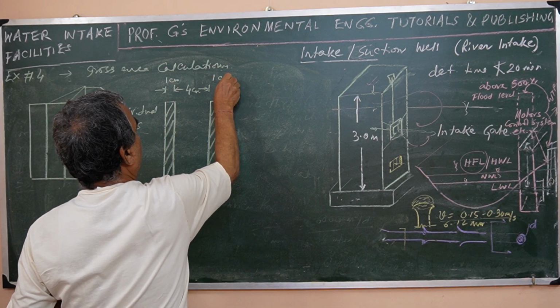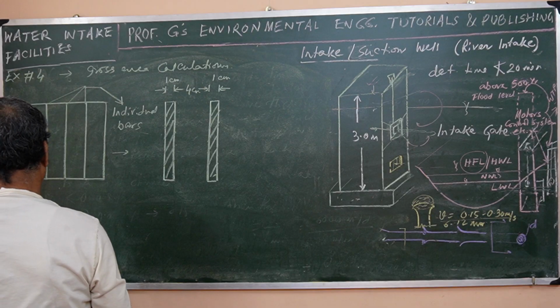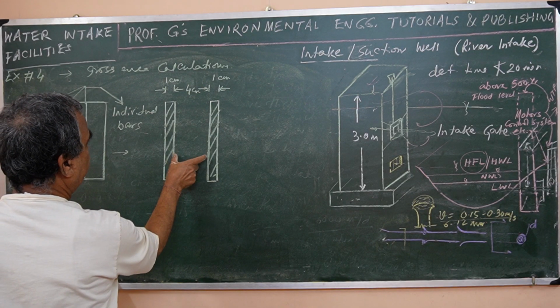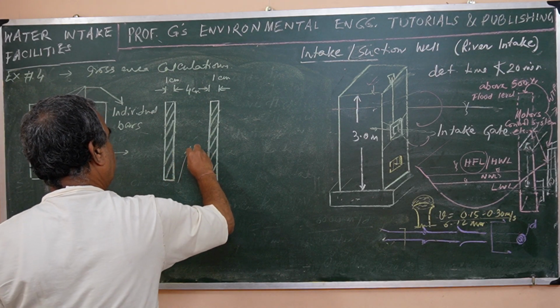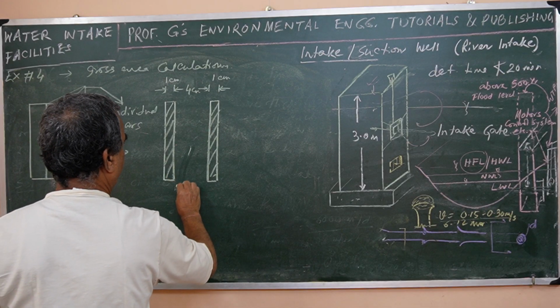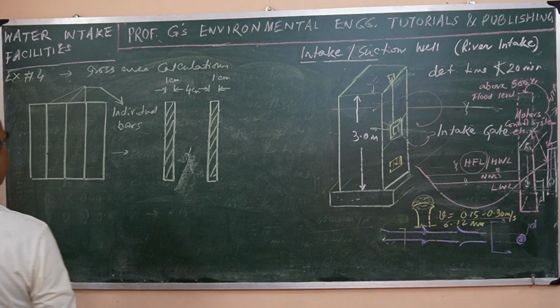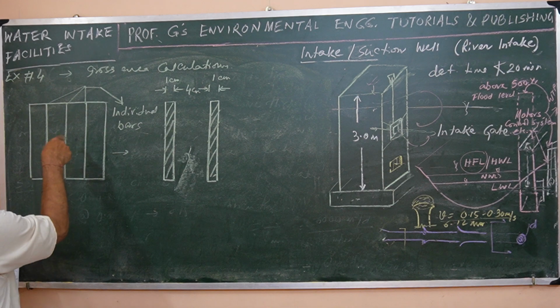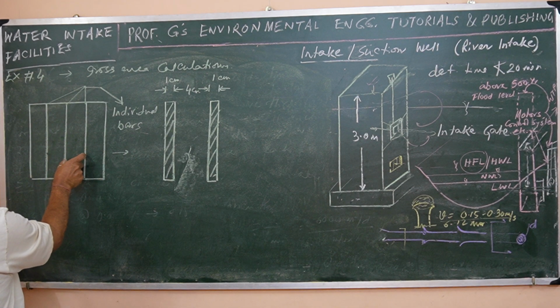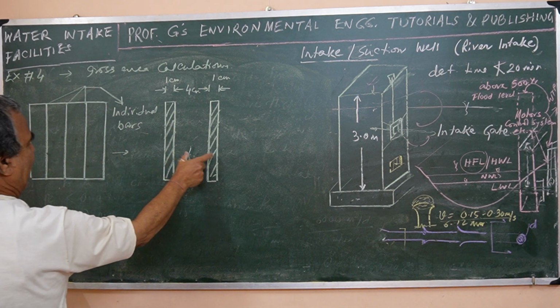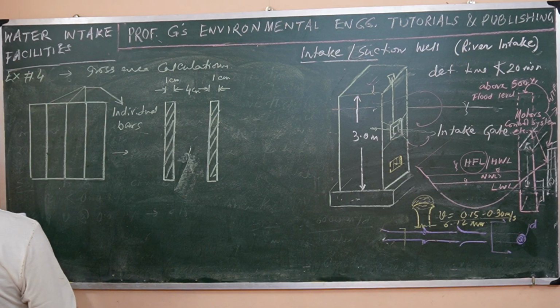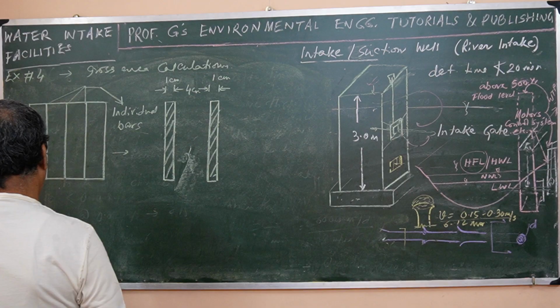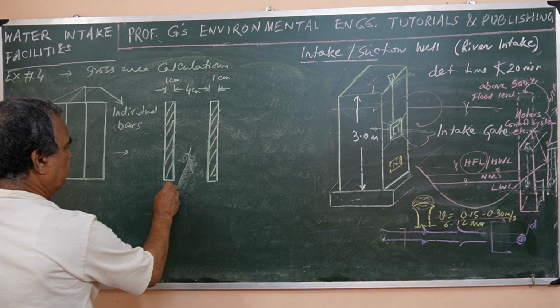So this 4 centimeter will be the opening through which the water is moving. When it is placed, water will be moving through that, but here in the line sketch we have drawn the unit space occupied by a bar and the adjacent opening.